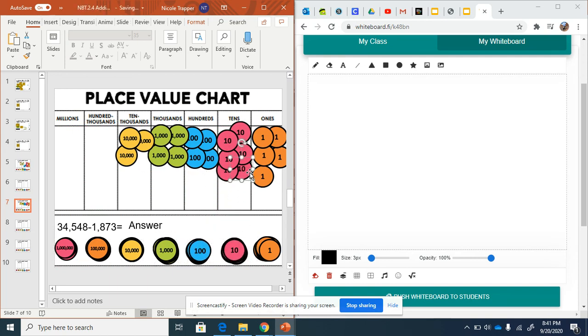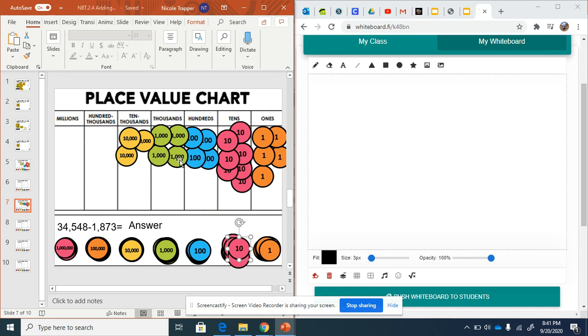1, 2, 3, 4, 5, 6, 7, 8, 9, 10. Now I'm able to take away the 7 tens I need to. So 1, 2, 3, 4, 5, 6, 7. Next, I need to take away 8 hundreds.